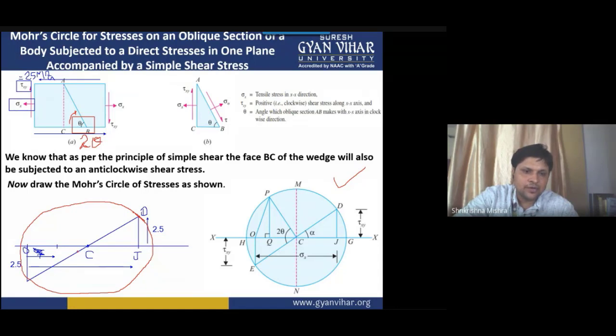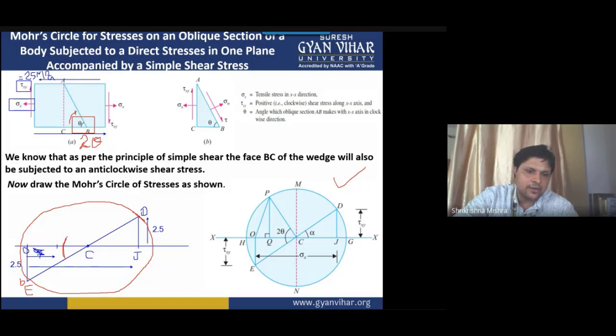So 2 theta means from where will we take it now? In the previous case there was no shear stress, so we directly took the value from OC. But now, since there is shear stress, we will take the value from CE. Let this point be E. We will keep the protractor in this way so that its zero line coincides with CE, and we will take an angle equal to 2 theta.